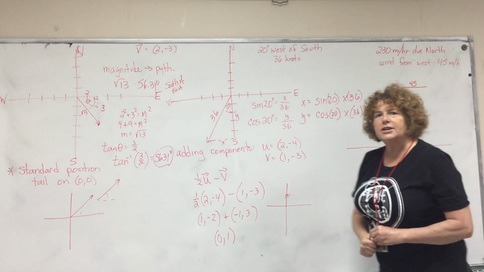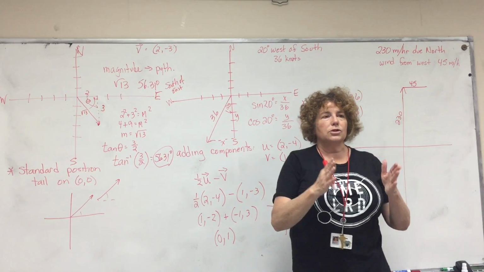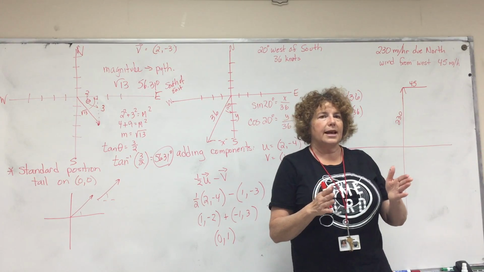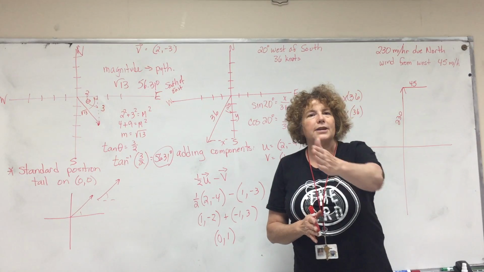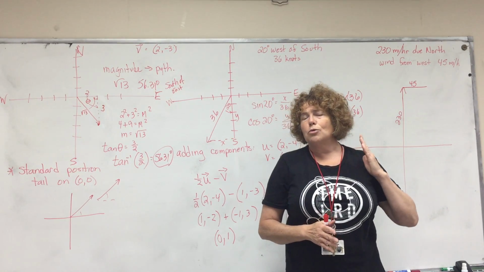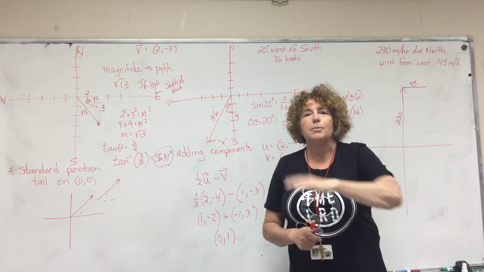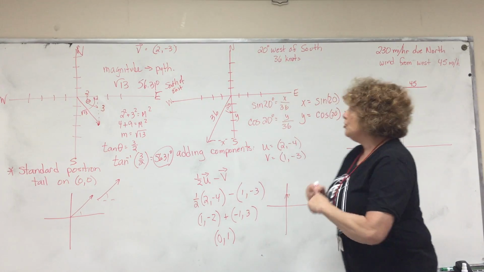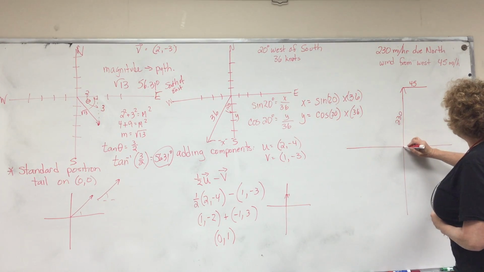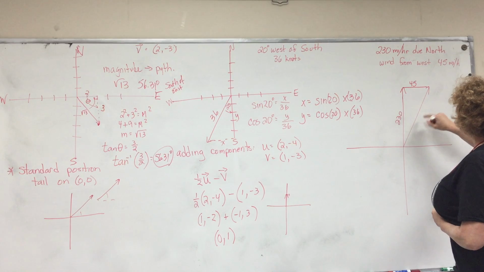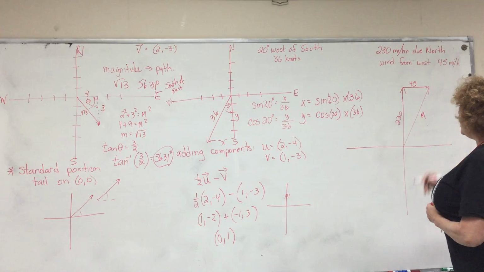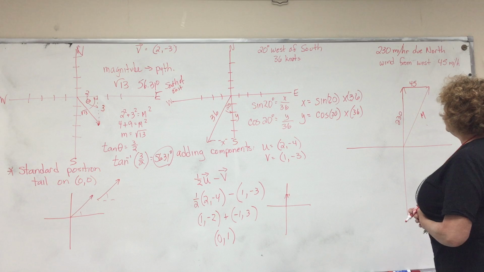Well, if you've ever tried to travel somewhere and you're going straight ahead and you've got a heavy wind, like in a boat, it's actually going to take you diagonally. So your actual path and speed are now going to be on that diagonal line. So you want to find out what this person's actual speed is going to be, which is going to be the magnitude and direction of that vector.